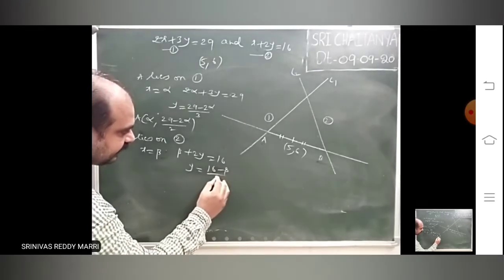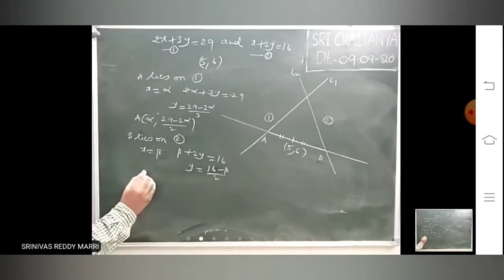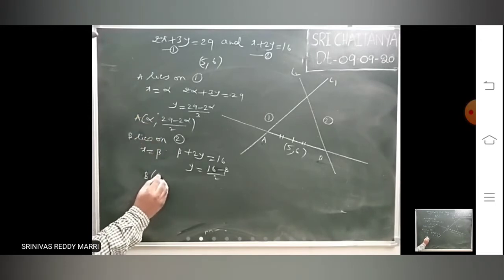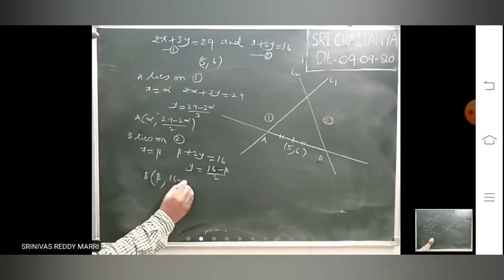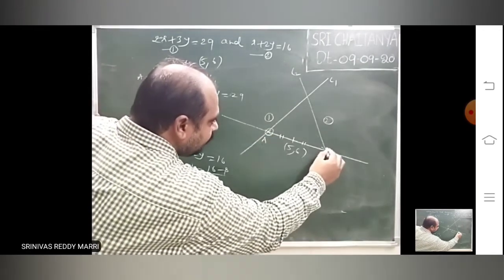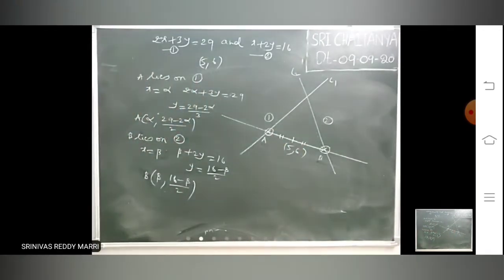Any point on that line can be taken in this form. Don't take alpha again because alpha is already taken. Don't confuse with that. Take some other variable: B is beta comma 16 minus beta by 2.